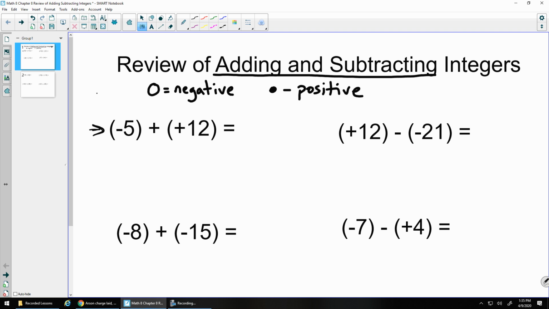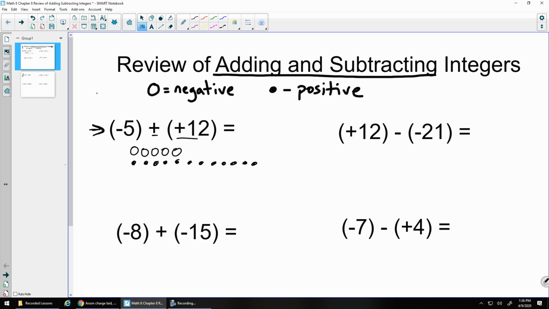We can also use integer chips. I have 5 negatives, so I have 1, 2, 3, 4, 5. And since I'm adding, I can draw in 12 positives: 1, 2, 3, 4, 5, 6, 7, 8, 9, 10, 11, 12.